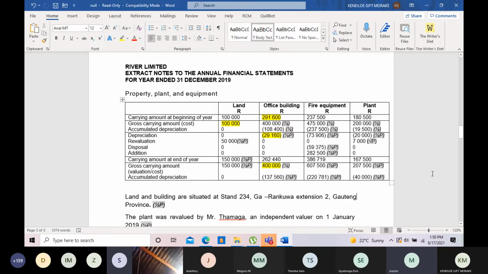So how do we get accumulated depreciation at the end? I'm trying to calculate that one.